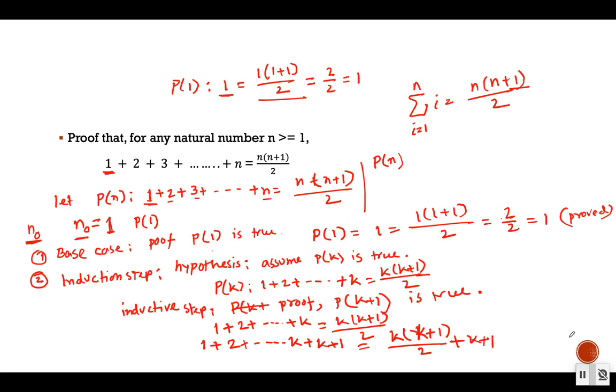I'm going to use the next page. I have 1 plus 2 plus 3 up to k equals k times k plus 1 by 2, which is my Pk. That's my hypothesis. What I'm going to do is add k plus 1 to both sides.